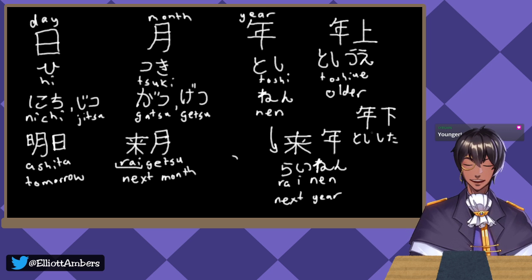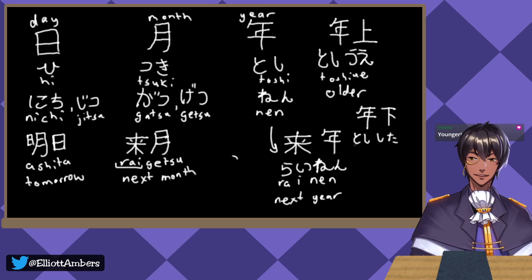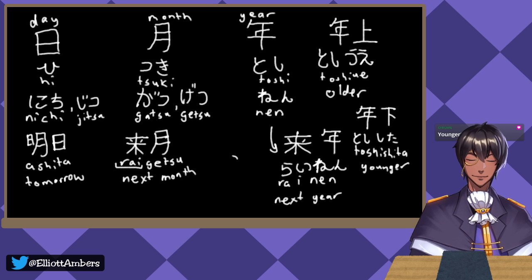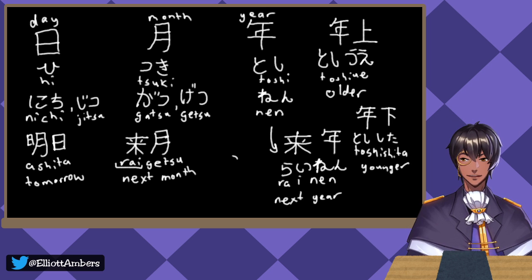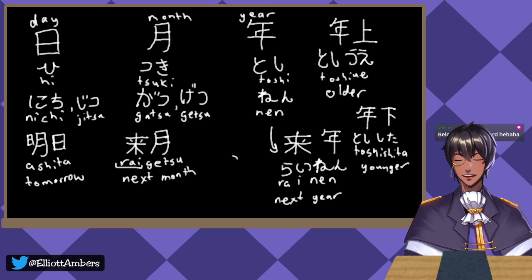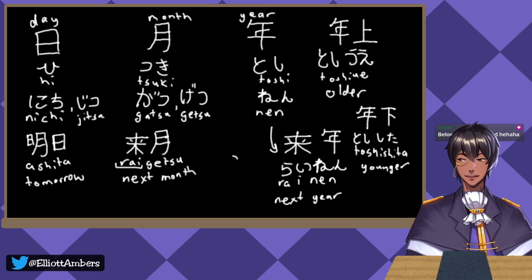Yes. So it means year below. Toshi Shita, or younger. So that's what that means. That's just to show some relation between the kanji and some examples of some basic terms, some early terms that you would learn at that level.